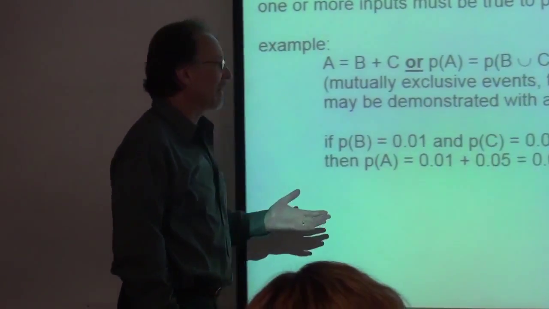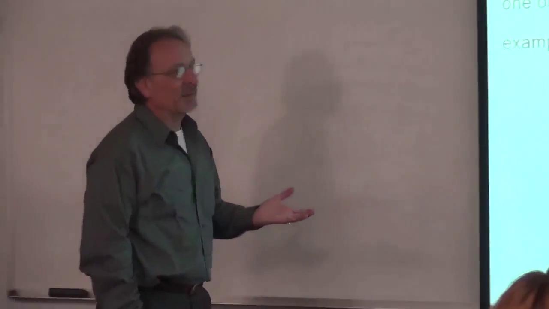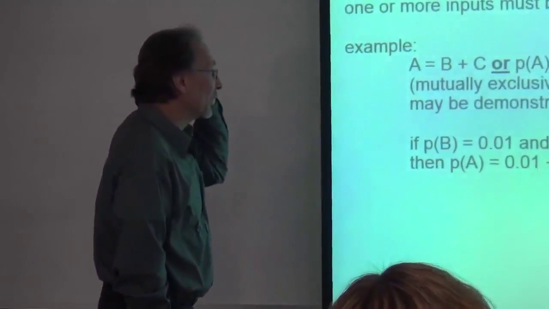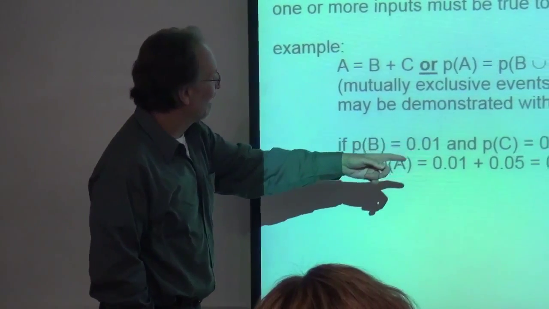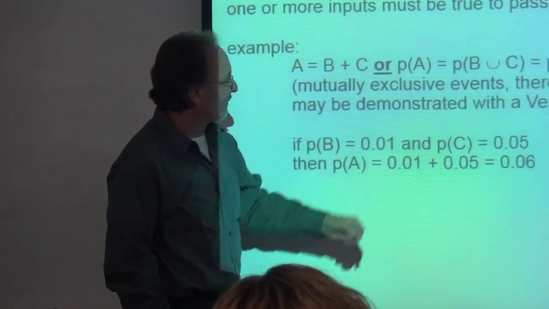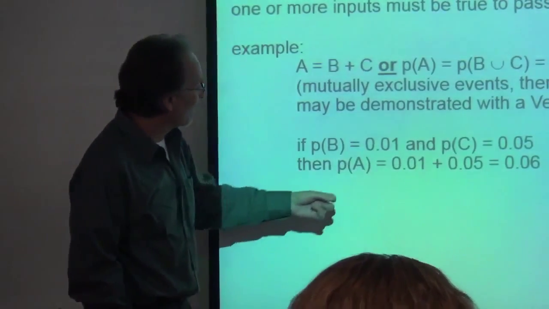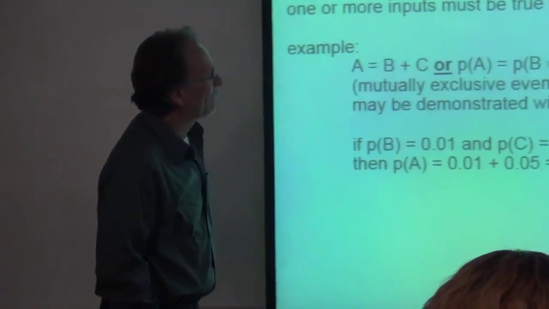But the intersection is 0 because they're not dependent on each other. They don't intersect, so it reduces to B plus C. So the probability of the fault passing is simply the probability of A plus the probability of B, or probability of B and C, I'm sorry. And just add them together.